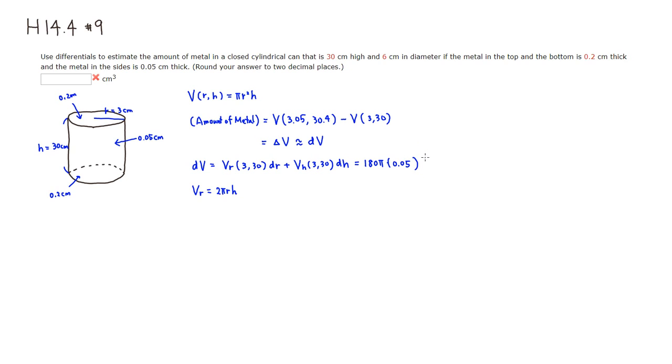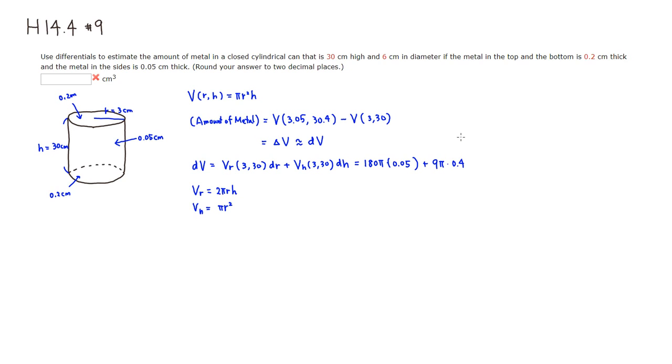Then plus the partial derivative with respect to h, which is simply pi r squared. Here r is 3, so it's 9 pi, times dh. dh is 0.4.